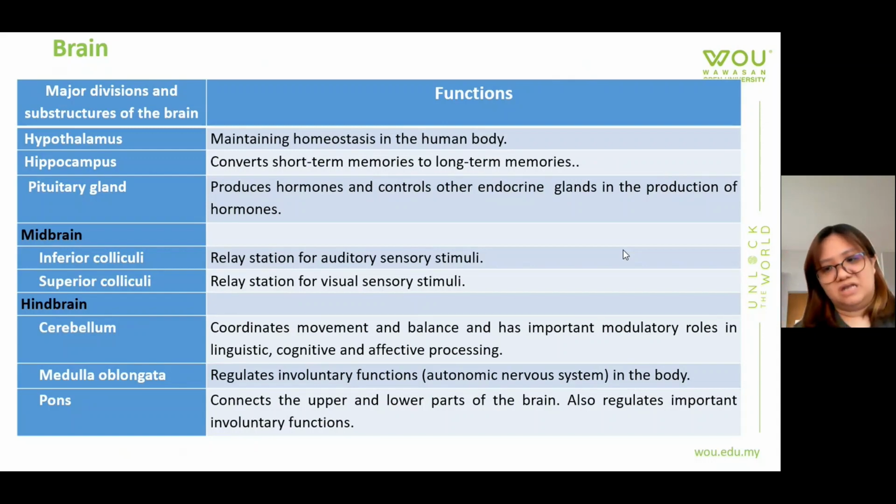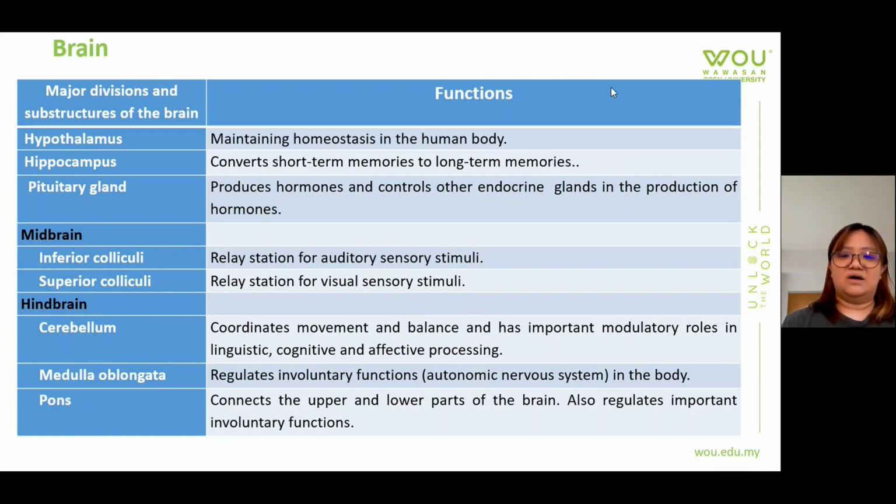We also have the midbrain. The midbrain has the inferior and superior colliculi. This serves as a relay system to handle different kinds of sensory stimuli from our auditory and visual systems. We also have the hindbrain. In the hindbrain, we have the cerebellum, medulla oblongata, and pons.